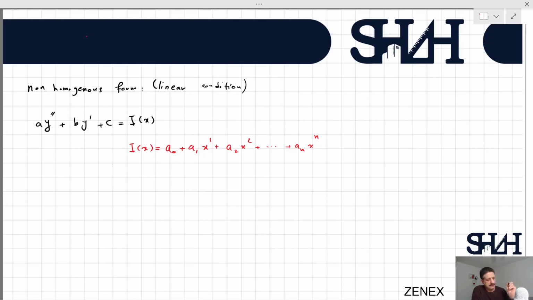So in this case, what do we need to do? First of all, solve the homogeneous form of the equation.